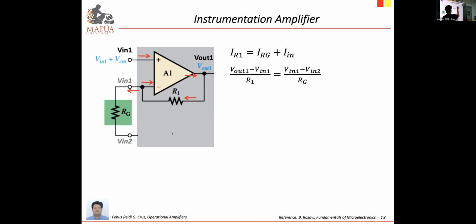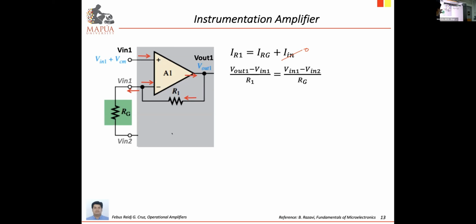We know that I in is equal to 0 because of the very high input resistance. So using Ohm's law, current along R1 will be (Vout1 - V-in1)/R1.